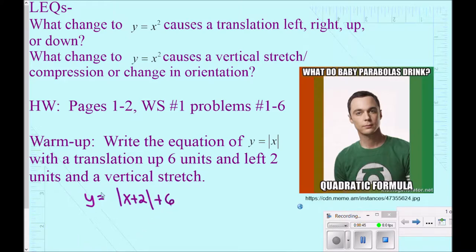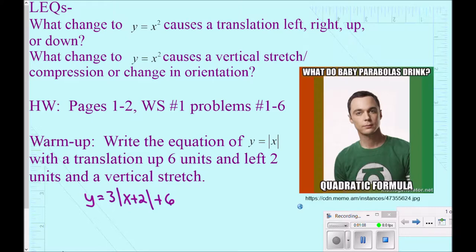And we learned that to create a vertical stretch, we need a number in the front whose absolute value is greater than 1. So something like 3 or 2 or 4 works. So that is the equation for an absolute value that has a translation 6 up, 2 to the left, and a vertical stretch.